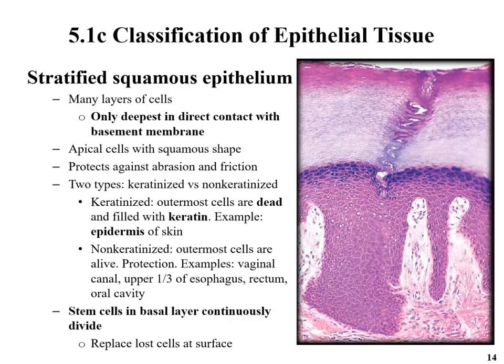So be familiar with the two types, keratinized and non-keratinized. And how are these cells replaced since they're dead up here? Well, stem cells in the basal layer are continuously dividing, and this replaces the lost cells at the surface.